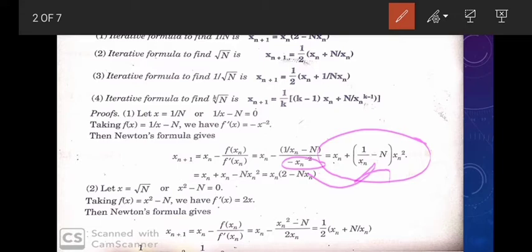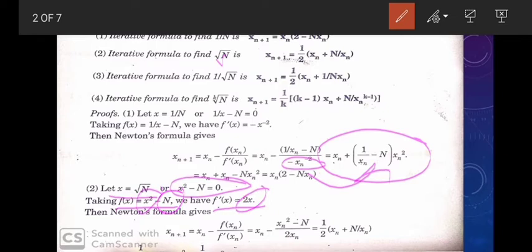Similarly, for the second formula, root N, we can write x equal to root N. If we square both sides, it becomes x square minus N equal to 0. So f(x) becomes x square minus N, and f dash x is equal to 2x, because differentiation of x square is 2x and differentiation of N is 0.